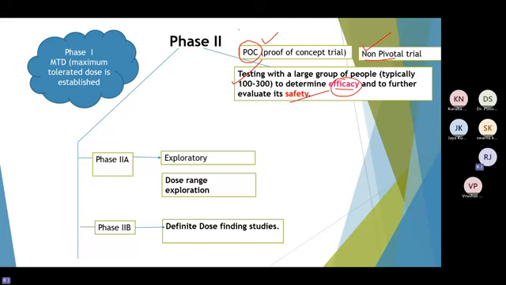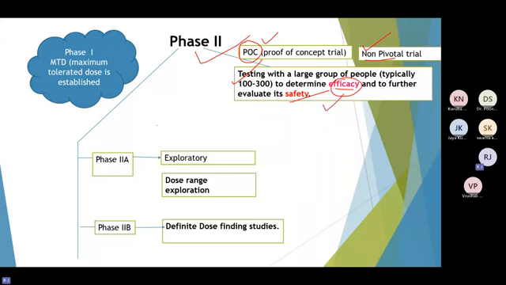Based on phase 2 data, sponsor companies cannot sell the drug in the market. That's why it's called a non-pivotal trial, and it is also called a proof of concept trial. Everybody is clear, right? Because this is the first time we are going to test the efficacy. Always remember this, it is very important.